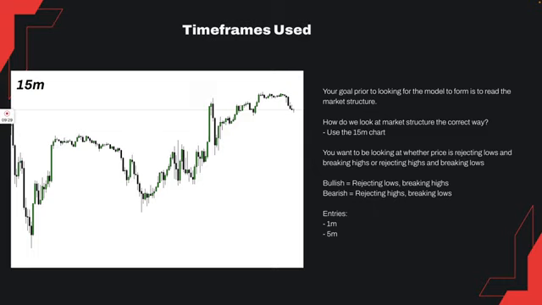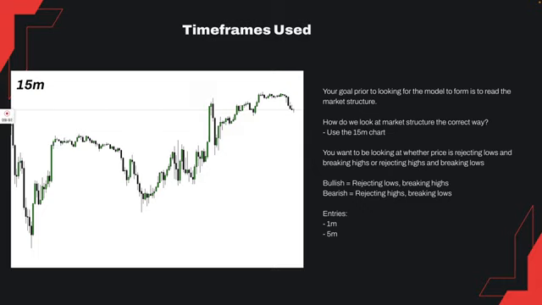Now, how do we actually find market structure? The correct way: head over to a 15-minute chart, and you want to basically verify whether price is rejecting lows and breaking highs, or rejecting highs and breaking lows.